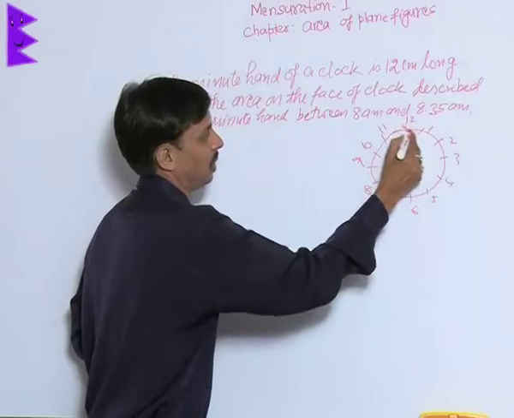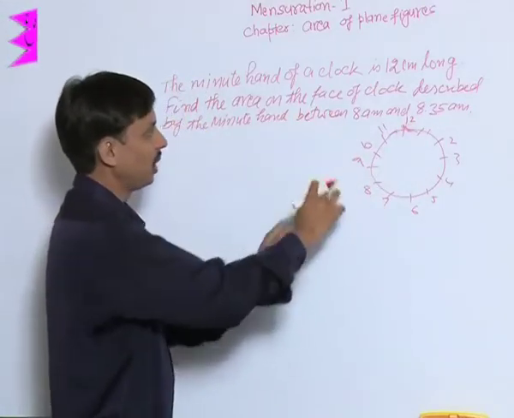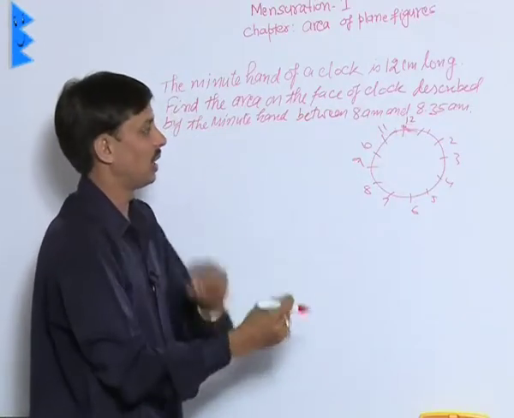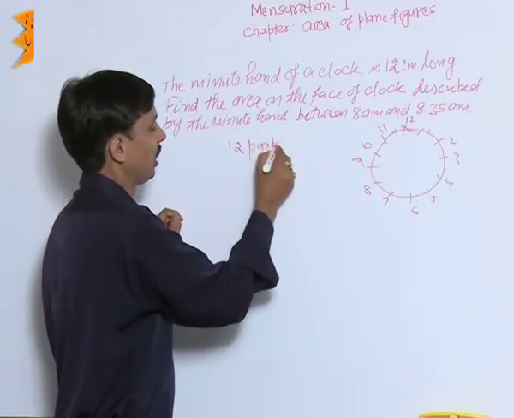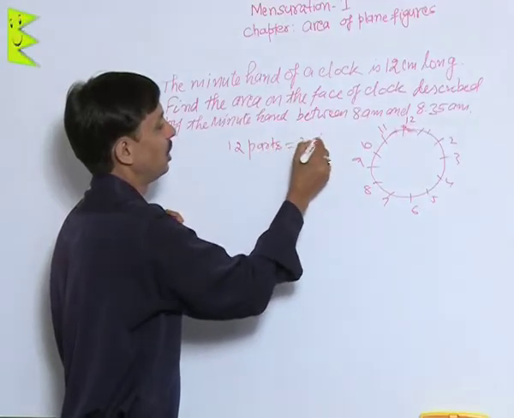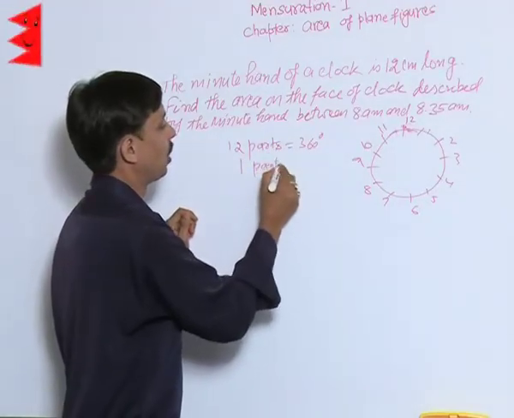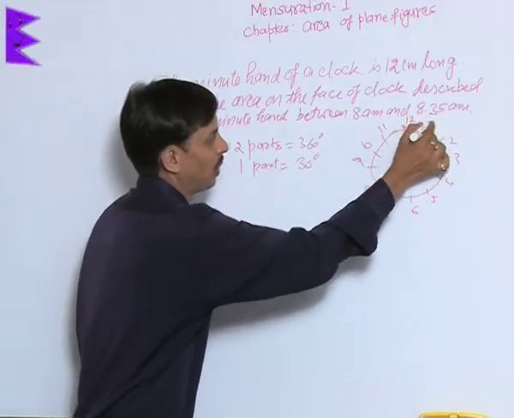Now the question is, in 12 parts, how many degrees of angle are enclosed? 12 parts enclose 360 degrees of angle. So one part encloses 30 degrees. But in one part, what do we find?